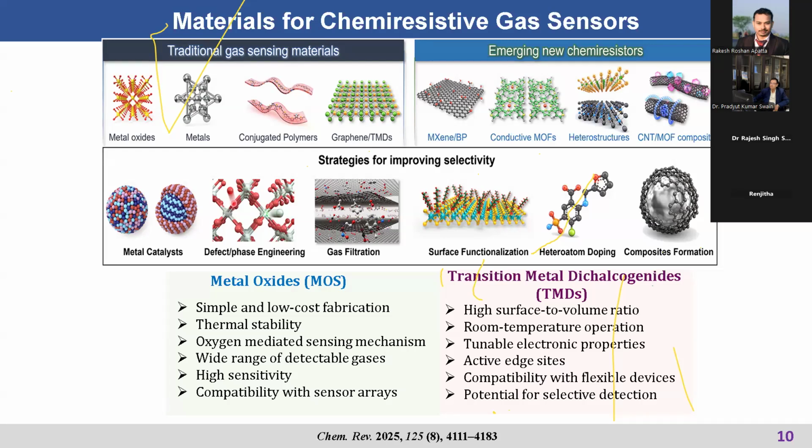Depending on the gases of interest, you have to choose a material. How this material interacts with the gases gives you a change of resistance of the sensor, and that is used for measuring. I don't fully get your question, I'm sorry.